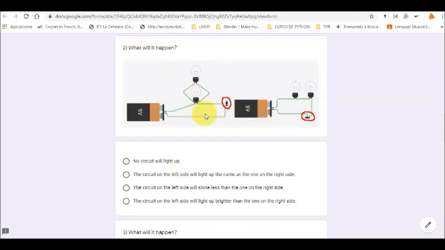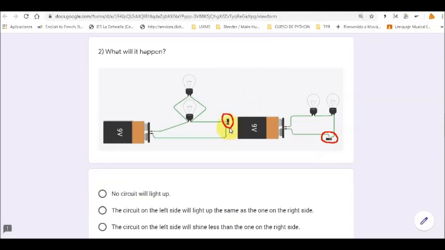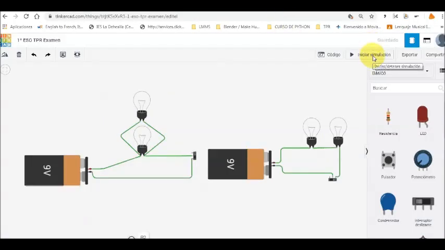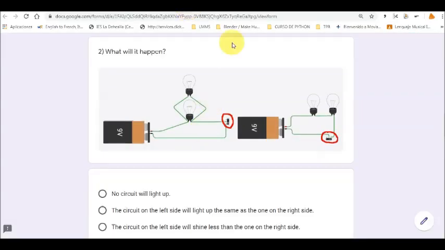So we have to know which one is lighting up the brightest, or maybe if they are exactly the same, or maybe they don't light up at all. So we have to check exactly the position of both circuit switches, and we are going to reproduce the same situation. We are going to start the simulation, and then you'll see which corresponds exactly with the same situation.